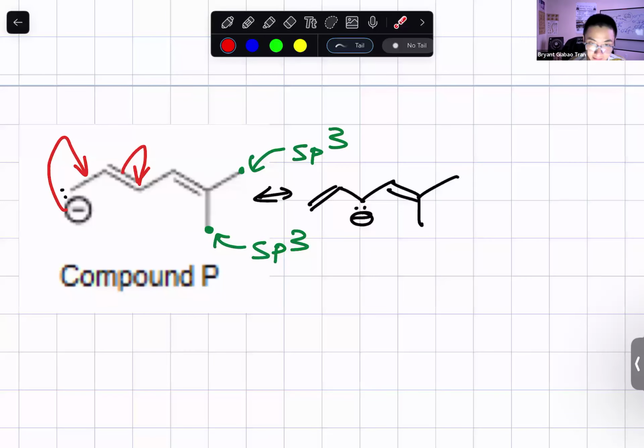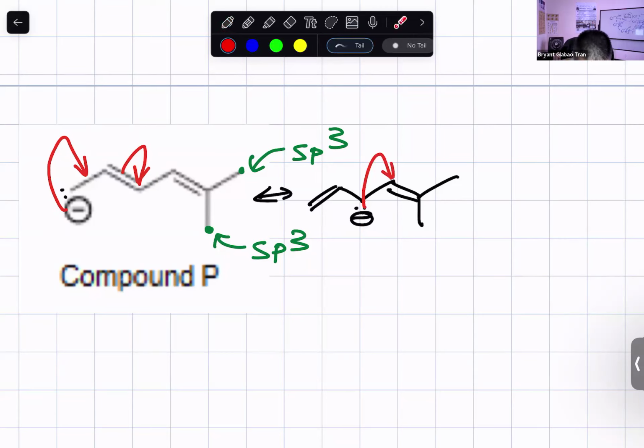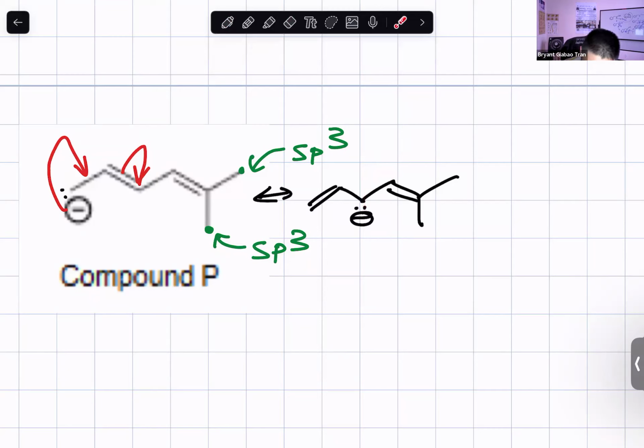How would you draw the last resonance structure here? Would you grab the lone pairs and then move it over to the next carbon, and then that carbon would have lone pairs? Right. So think of it like this. You can create lone pairs on atoms from double bonds.